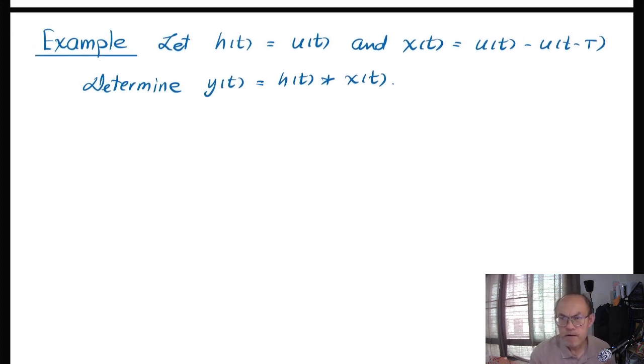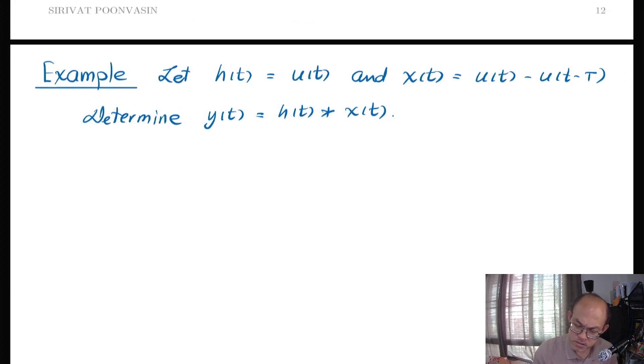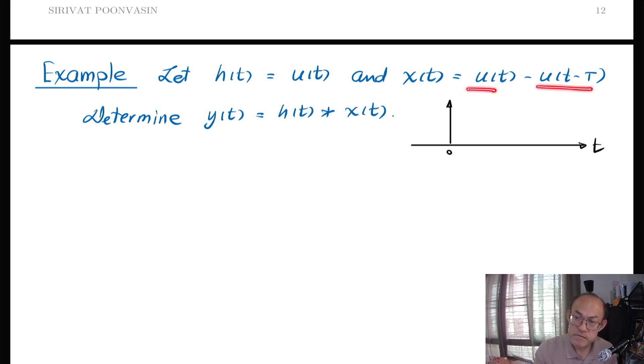Now, let us get to know the signal x a little bit more. When you plot the signal x, it will be u of t minus u of t minus T. So let's say that the time capital T is right here.